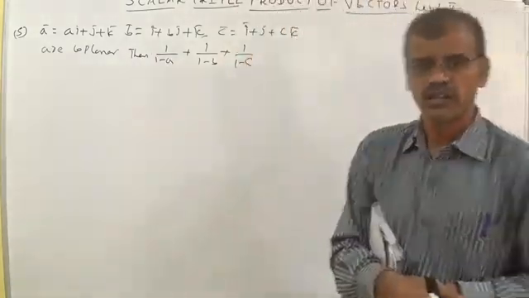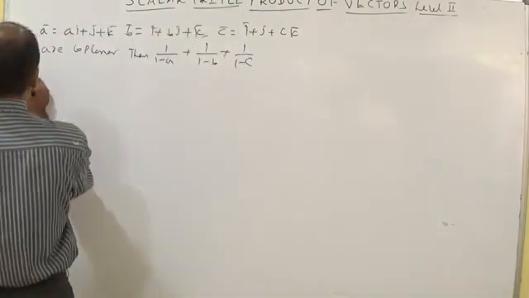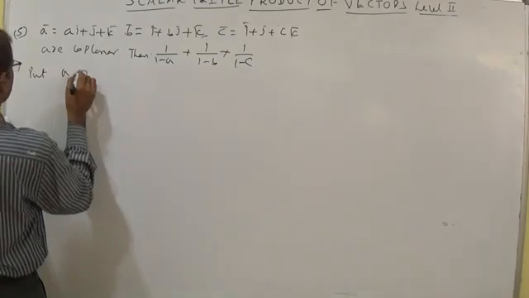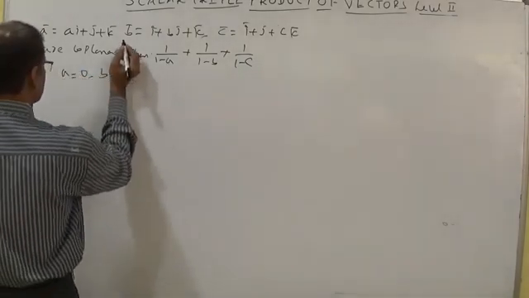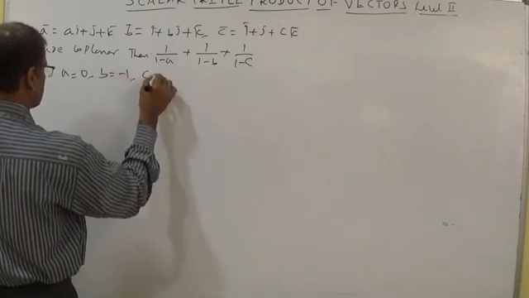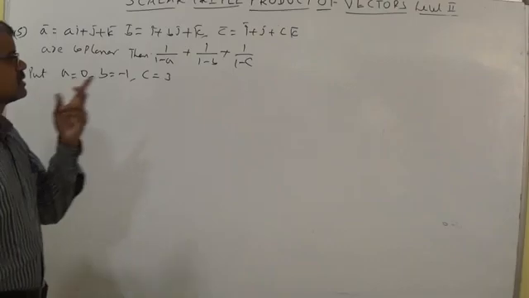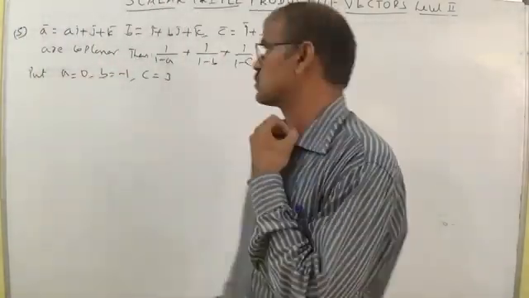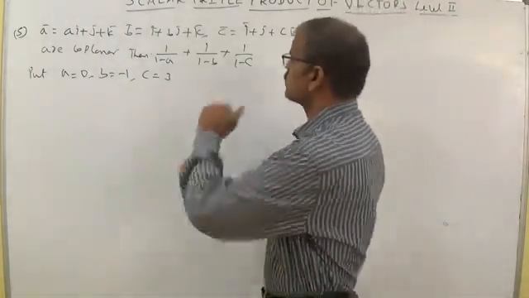This is a very lengthy question, so you should use a shortcut. The shortcut is, put a equal to 0 and b equal to minus 1, c equal to 3. In 3D, DCs and DRs also, such sums may be there. This is a very lengthy question.